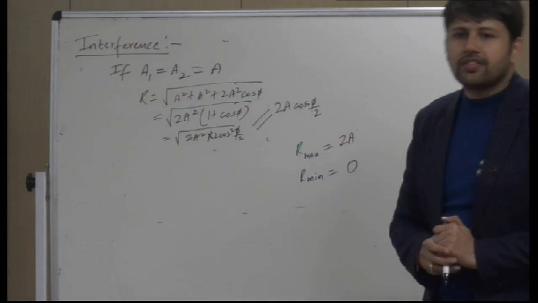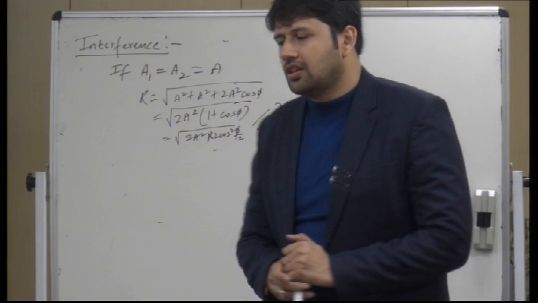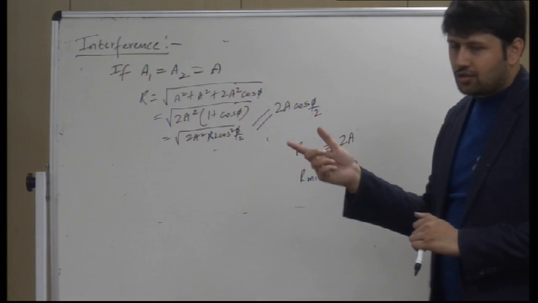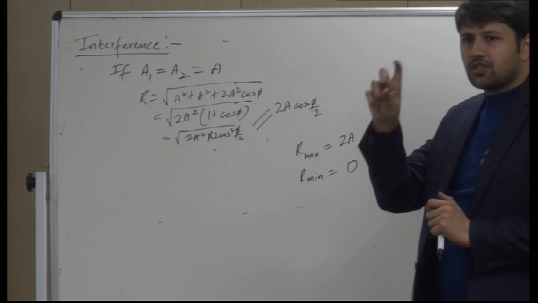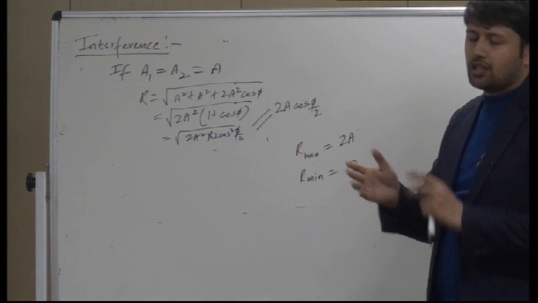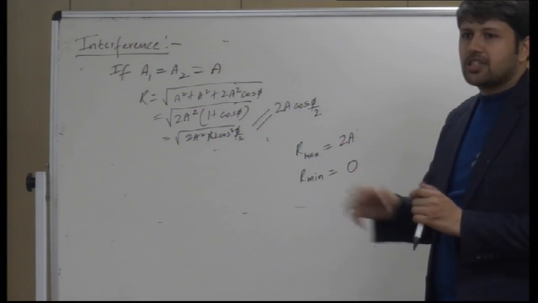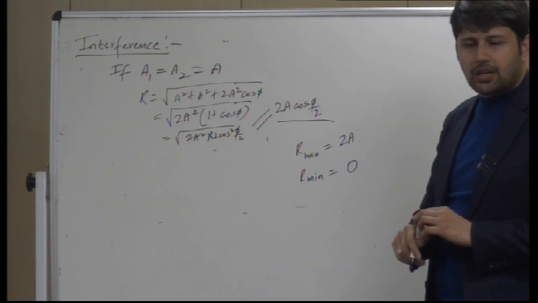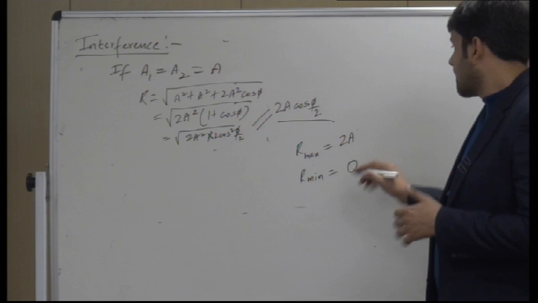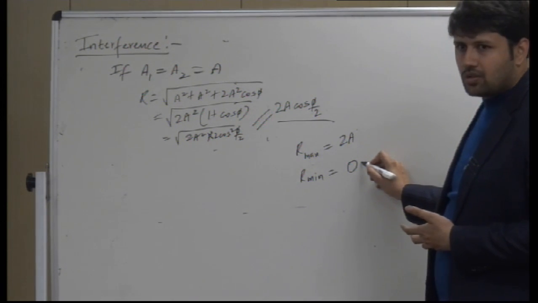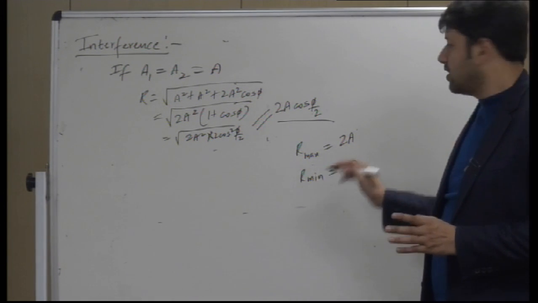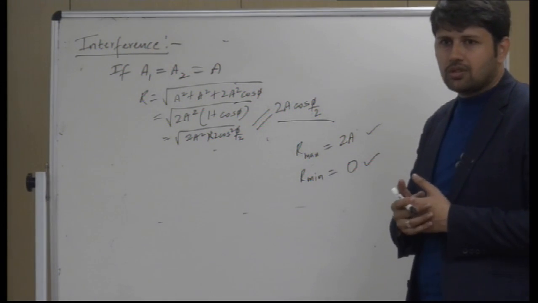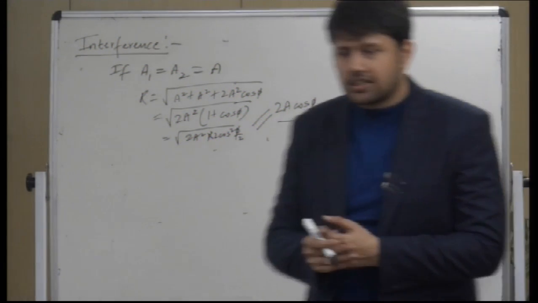Amplitude of a wave can never be negative. Amplitude defines the size a wave would take, so the size of a crest can never be negative. It can be 0. So if both the waves have the same amplitude, the minimum becomes 0. So here is the no light condition, and here is twice the amplitude. We will just understand what it would mean.